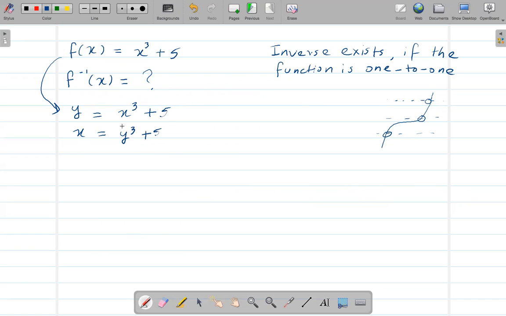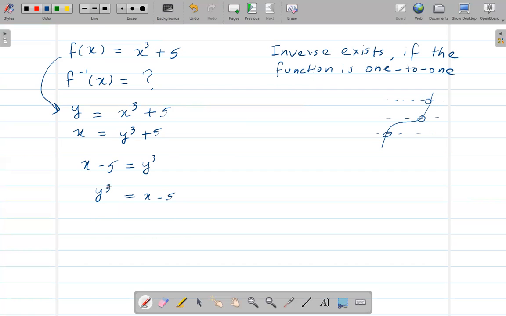Now solve for y in terms of x. Basically isolate y, which means move this 5 to the other side, which will be minus 5, so x minus 5 equals y to the power 3. Basically, we're just trying to make y on one side and everything else on the other side.